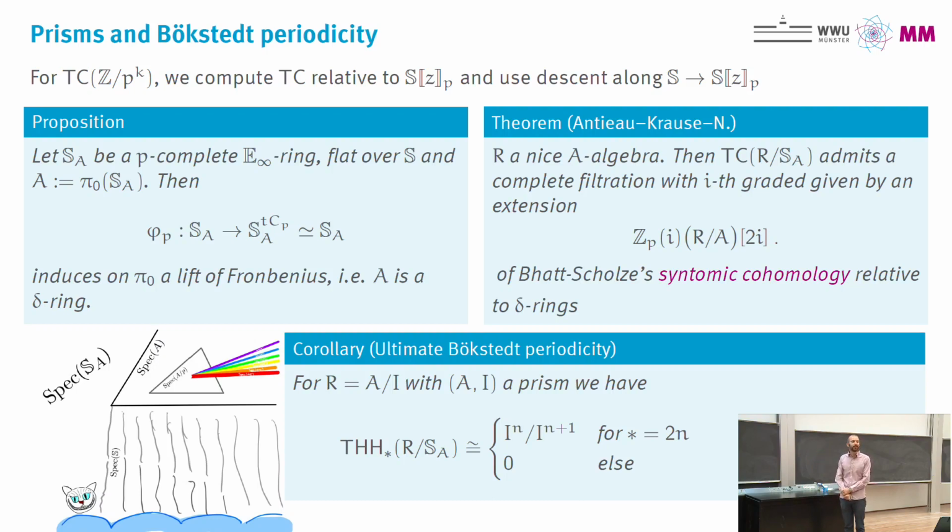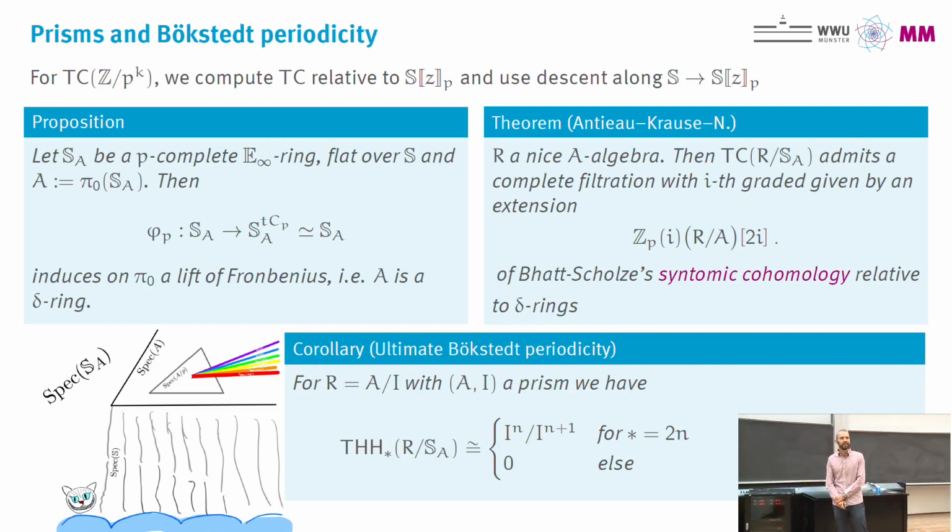And so Achim and I had written an earlier paper where we had collected a lot of versions of Bökstedt periodicity, and this generalizes all of them. So that's why I call it ultimate Bökstedt periodicity. And for example, if SA is the p-complete sphere, then pi naught is the p-adics. You let the ideal be generated by p, then the ring is F_p. This is how this generalizes Bökstedt periodicity.